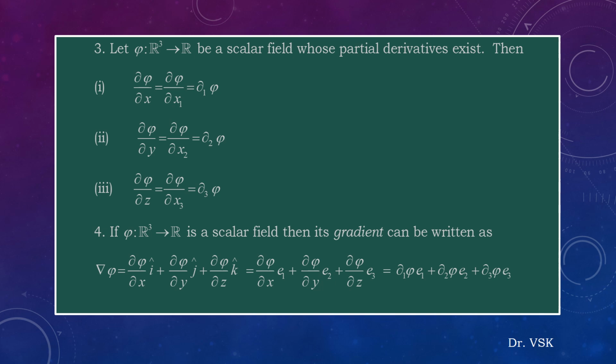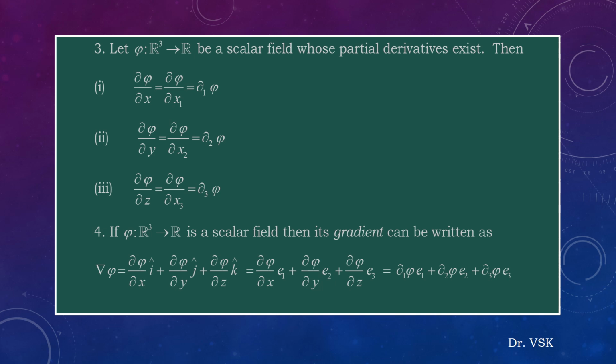This can be written by using a simple symbol dou 3 phi. So, our partial derivatives dou phi by dou x, dou phi by dou y and dou phi by dou z of the scalar field phi can be rewritten by using a new notation dou 1 phi, dou 2 phi and dou 3 phi respectively.